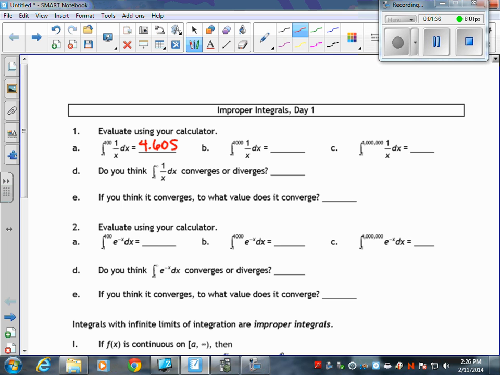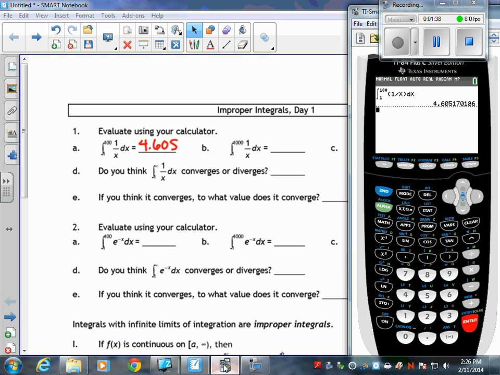In part B, we're going to do the same from 1 to 1,000. So I can just pull back up what I had, and I'm going to go ahead and edit this. It's just not letting me do it. Okay, I'll go ahead and redo it.